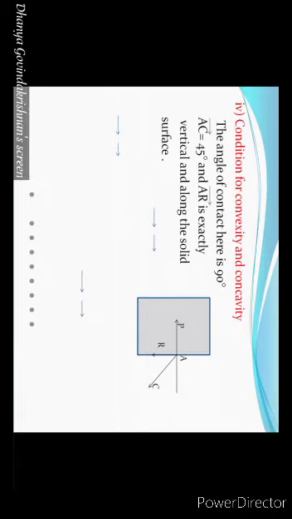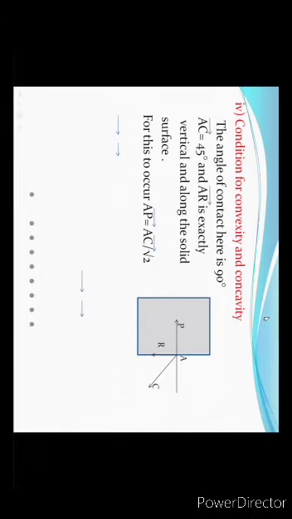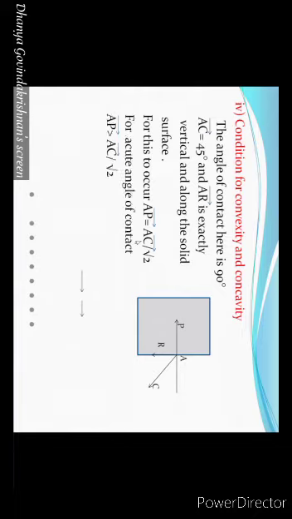Okay. Then the angle of contact will be 90 degrees, or AP, adhesive force, is equal to cohesive force divided by root 2. Vector AP is equal to vector AC divided by root 2. This is the condition for convexity or concavity. Where you have a concave surface, the angle of contact will be acute and AP will be greater than AC divided by root 2.